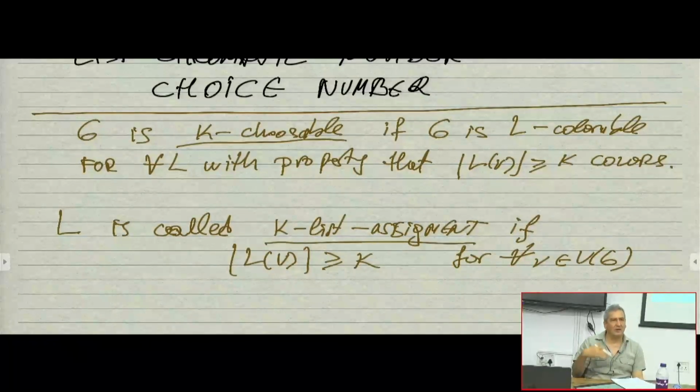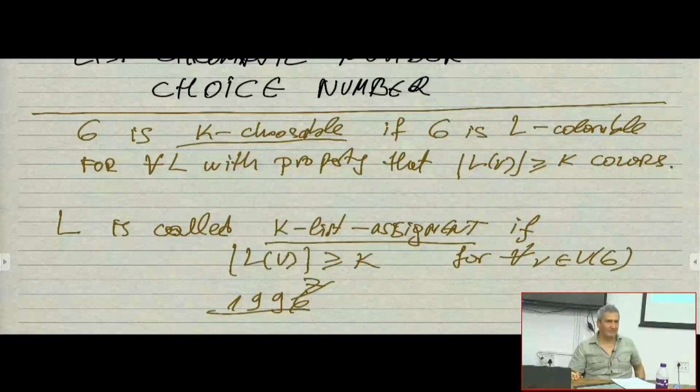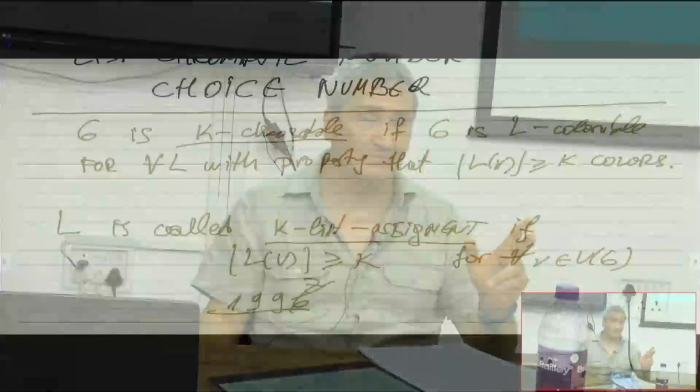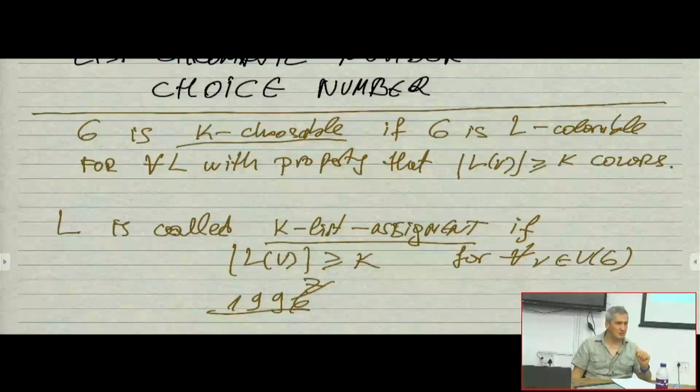So when I started doing my PhD, it was like 1996, 7, something like that. List colorings appeared immediately and became very popular, because Thomassen proved that every planar graph is 5 choosable, and Margaret Foyt found a non-planar graph which is not 4 choosable.